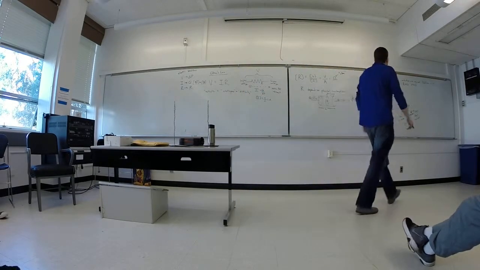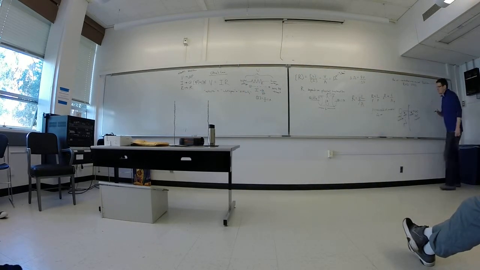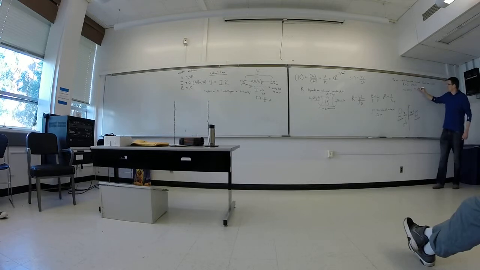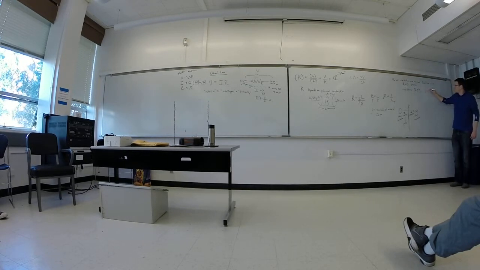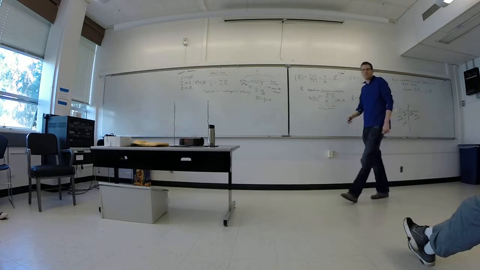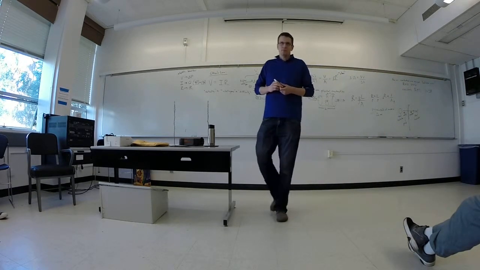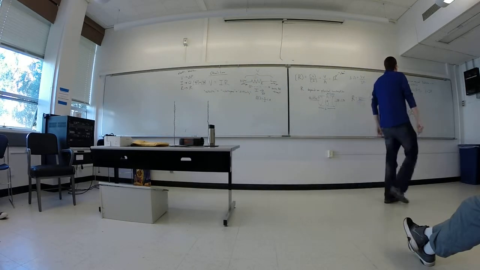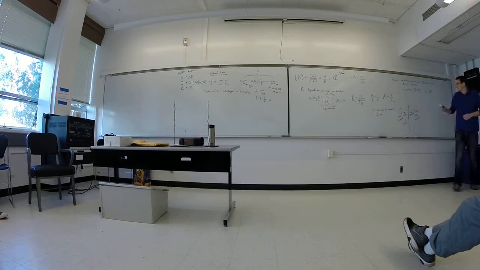Okay? So for us, the conductors are equipotentials, and then the resistors themselves, the resistance is not 0, and we use Ohm's law to figure out how things flow through them. So our approximation is basically this.